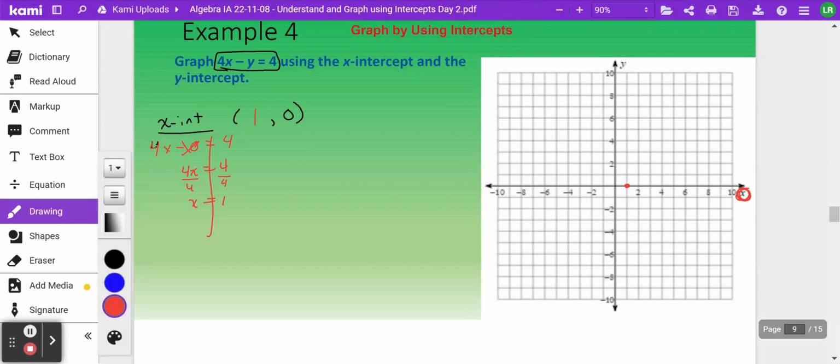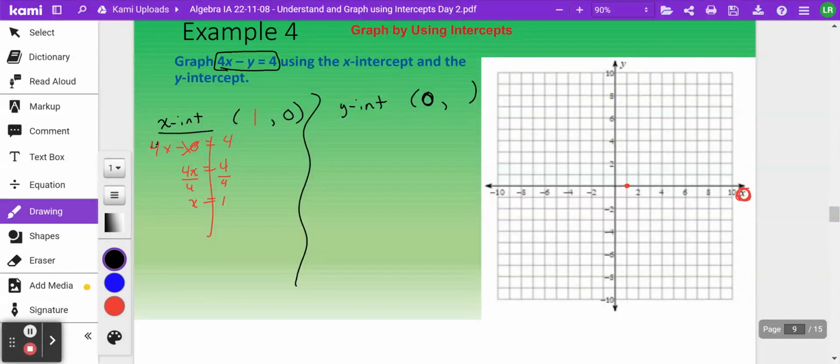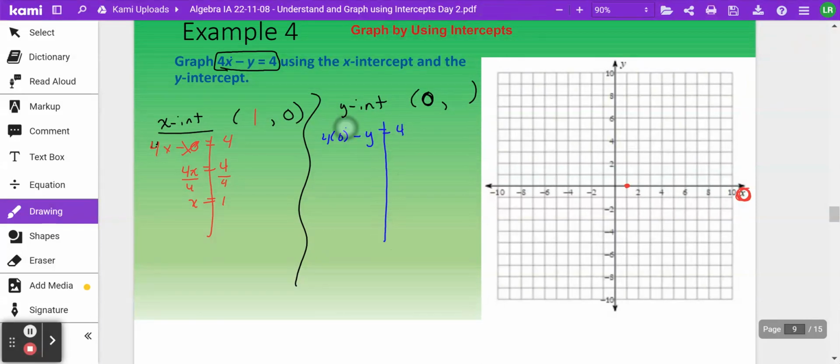Now my y-intercept. Remember the y-intercept, now the x is 0. So I'm going to go back and start over with this problem. This time the x is 0. So 4 times 0 minus y equals 4. Well, 4 times 0 is 0. Now you got to be very careful here because this is actually a negative 1y. We don't usually write the 1, but it helps us to see it.